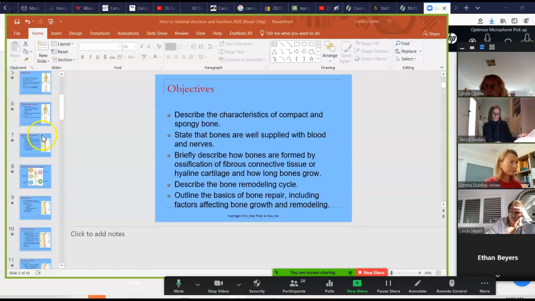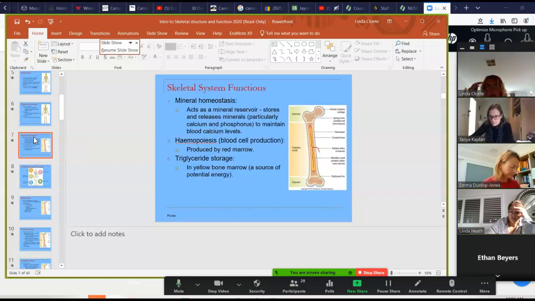In terms of the skeletal system, the important thing to be able to do is understand the structure of your long bones and essentially their functions.